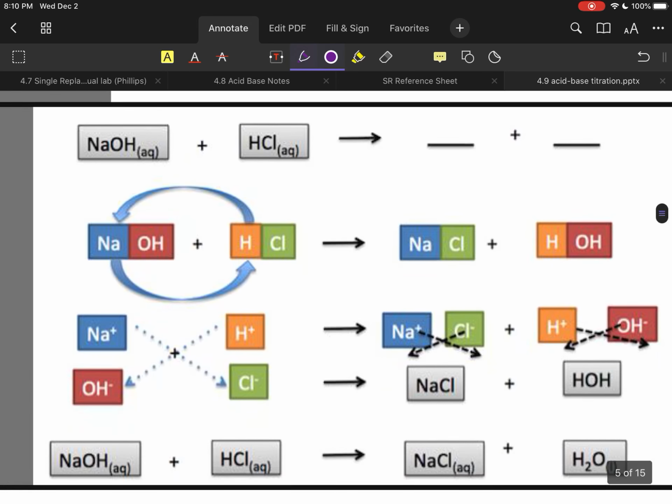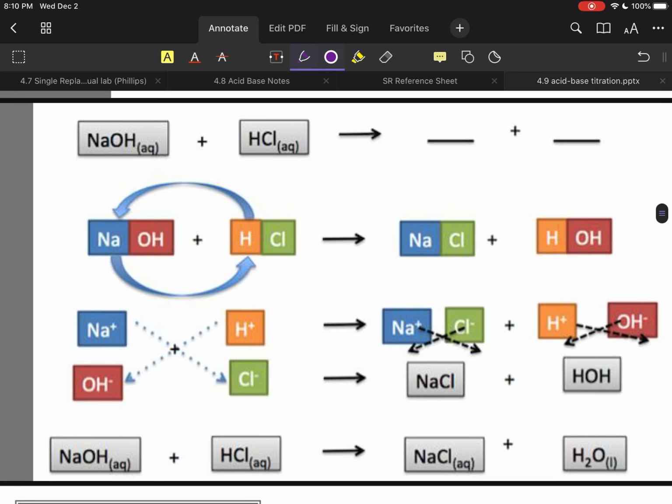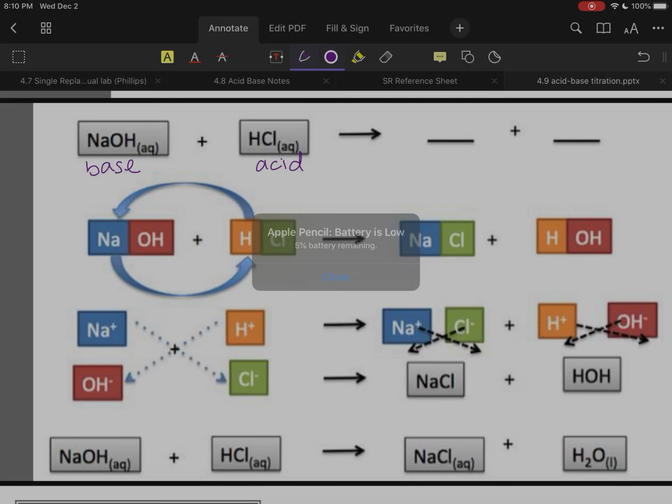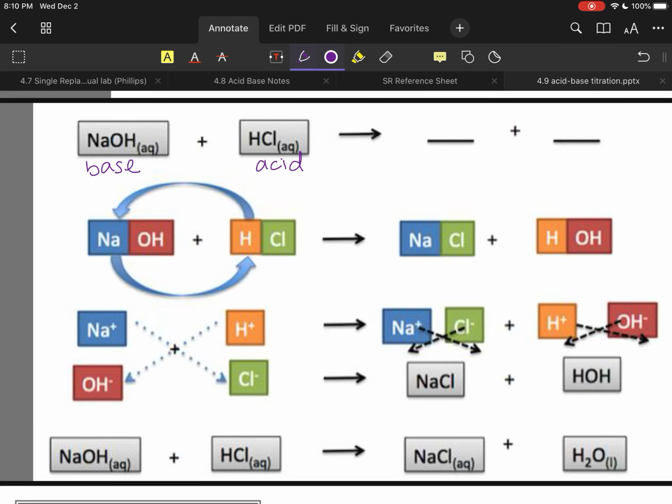So the way that a neutralization reaction occurs is, for example, here is my base, my sodium hydroxide, and I'm combining it with my acid, HCl. When that happens, you can see that the sodium and the hydrogen, because those are both positive, it's a double replacement reaction, and so those two elements are going to swap places.